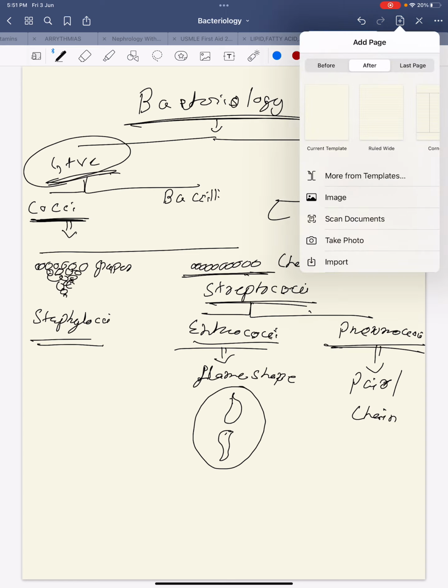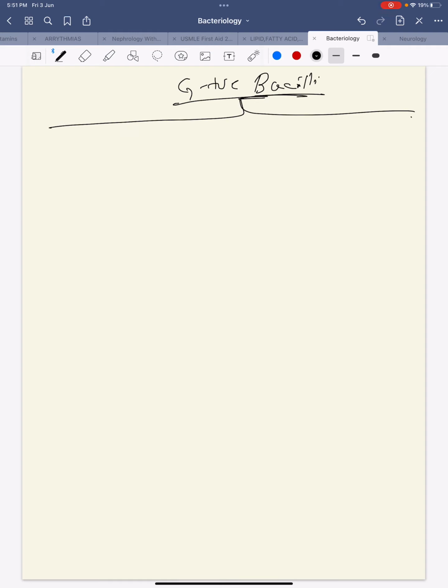How to remember bacilli? Bacilli is very easy to remember. Gram positive bacilli are spore forming bacilli and non-spore forming bacilli.